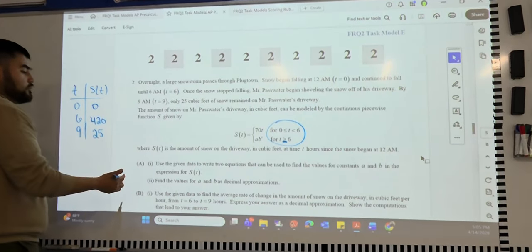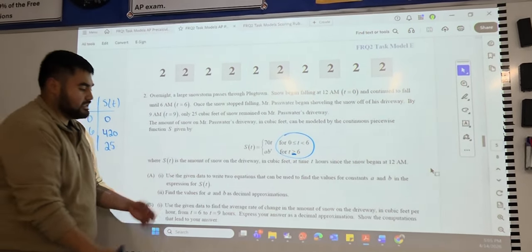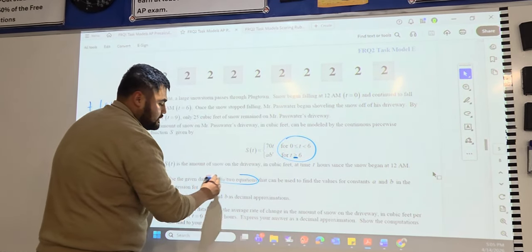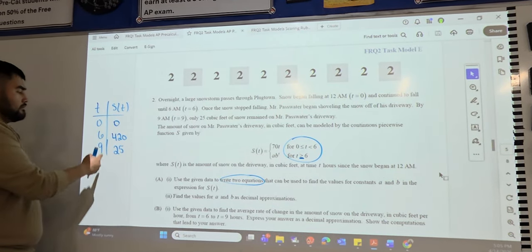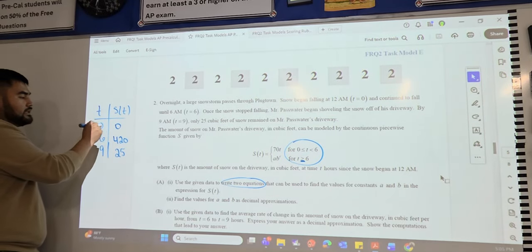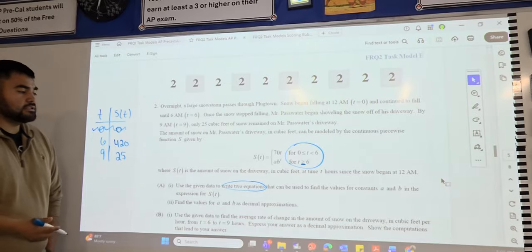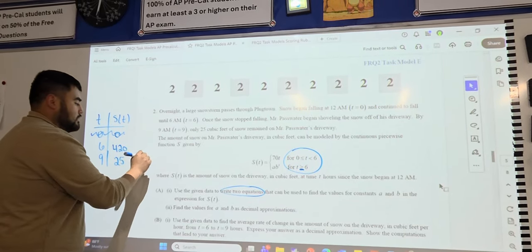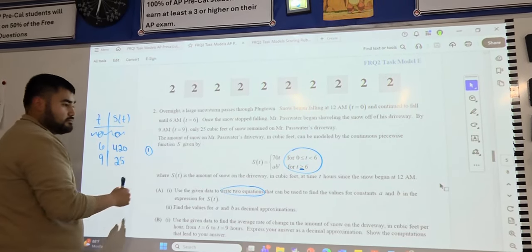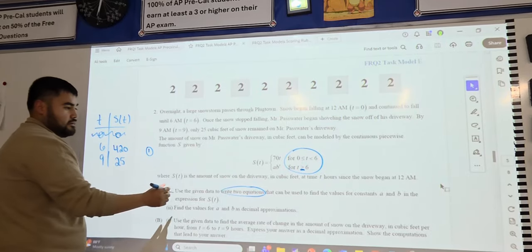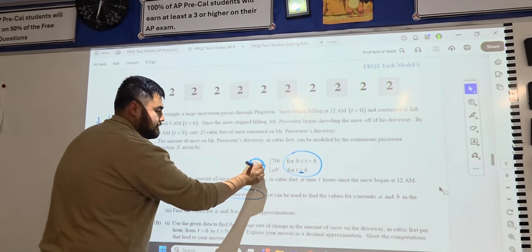So now plug in your points, because A1 is telling you to write 2 equations, because we have 2 points. This one, in theory, doesn't work out. So now write 2 equations. The first one, equation 1, is input and output. This whole thing, S of t, represents your output.